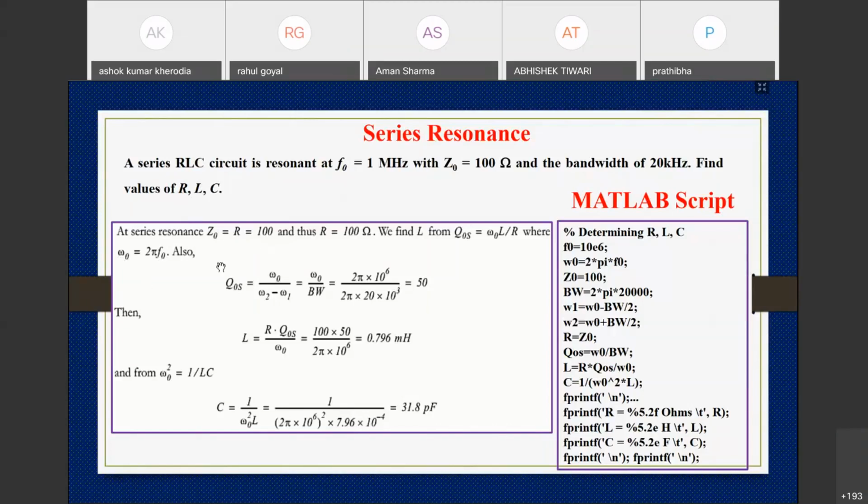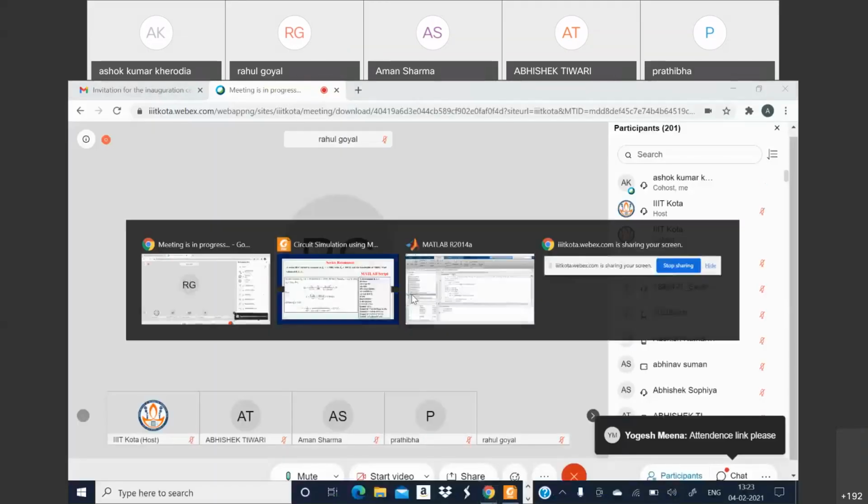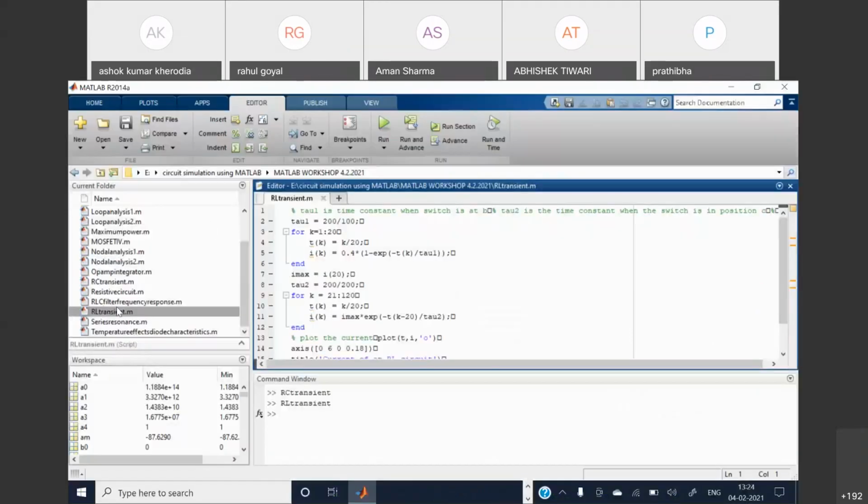And we know the quality factor is omega 0 upon bandwidth. You can find out Q, and from that you can find L, and from this formula we can find the value of C. If you want to do that, you can do the same. You will enter the value of f naught. See, RLC.